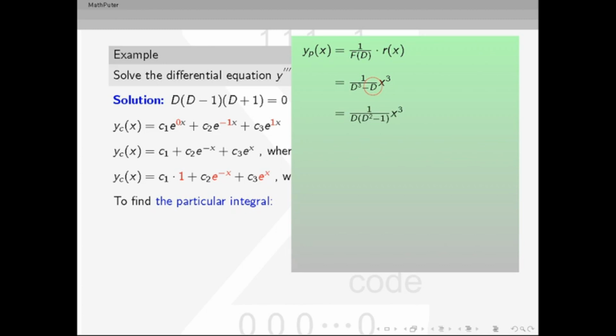I am taking the minus sign common because otherwise I want to apply the formula of 1 upon 1 minus x square. So this is minus 1 upon D into 1 plus D square plus D raised to 4, to multiply by x cube.